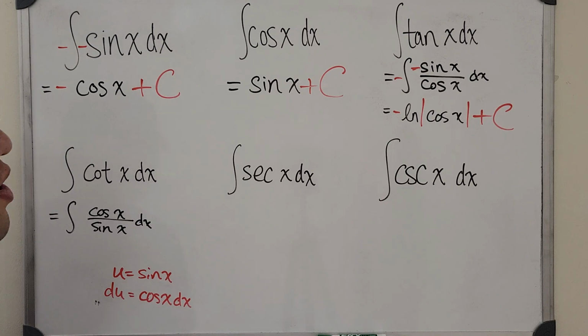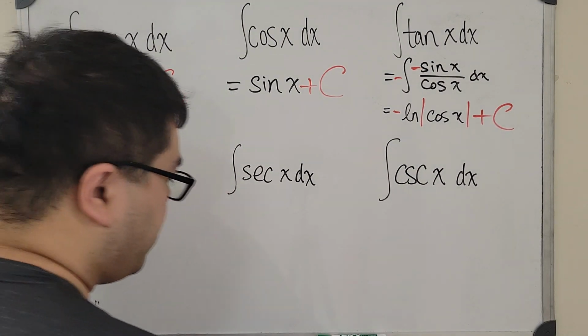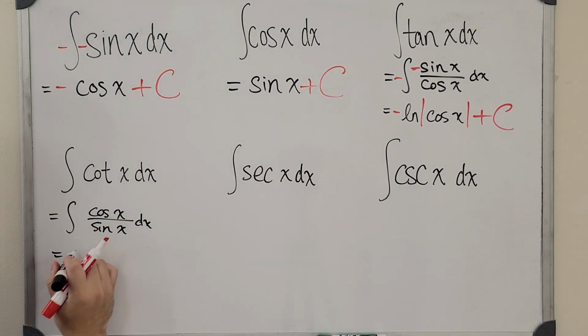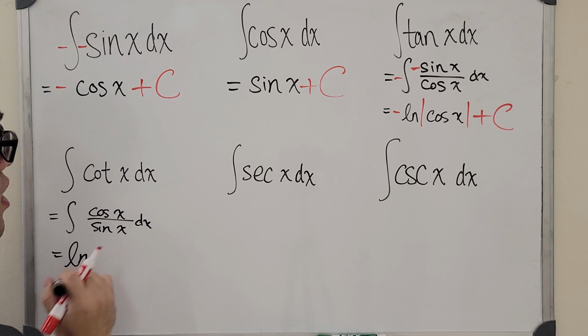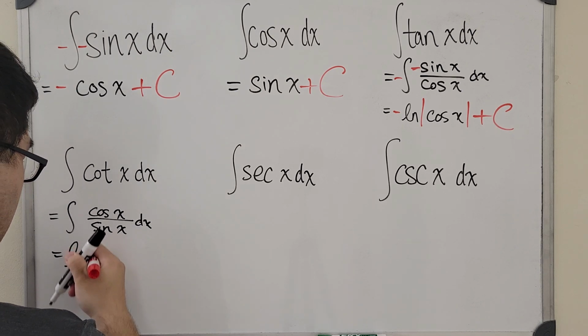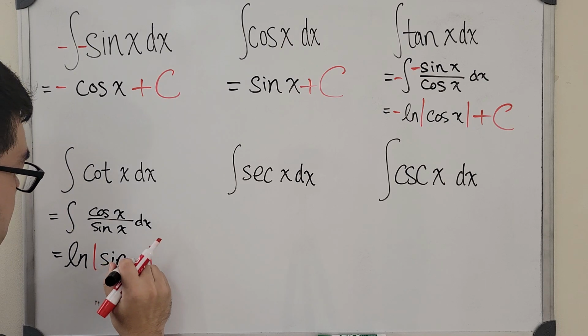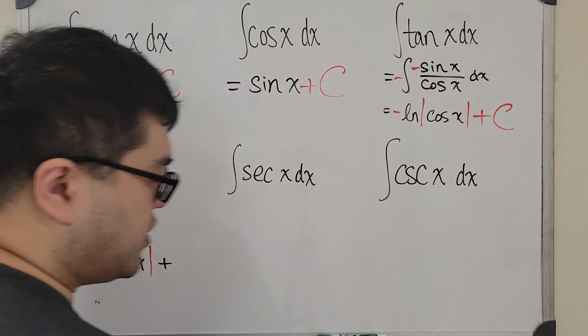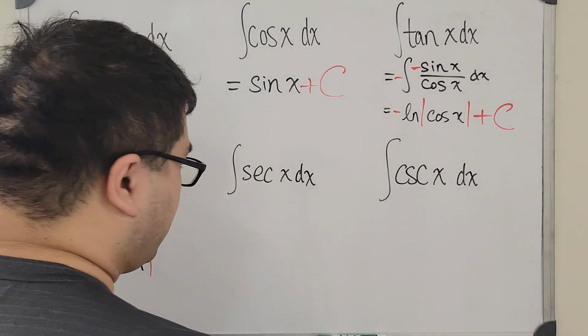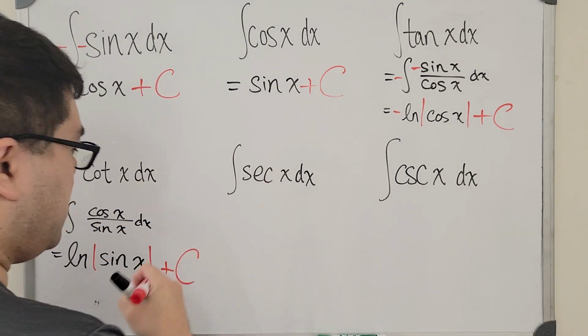And again, what is the integral of 1 over u? It's just a natural log of u. So our answer will just be the natural log of the absolute value of u, where u is the denominator here. And don't forget, we need to have the constant term plus c. All right.